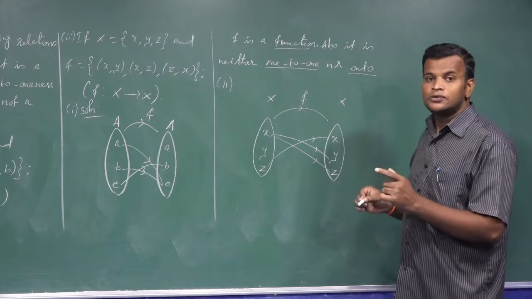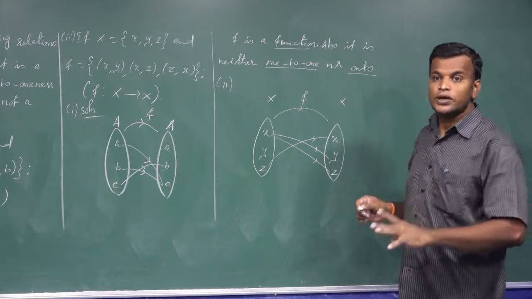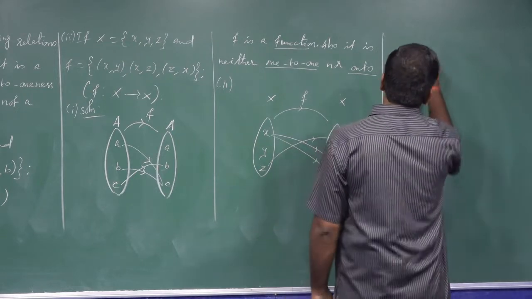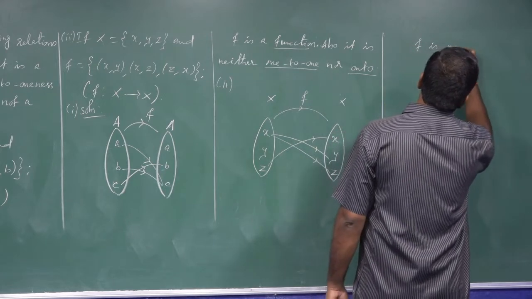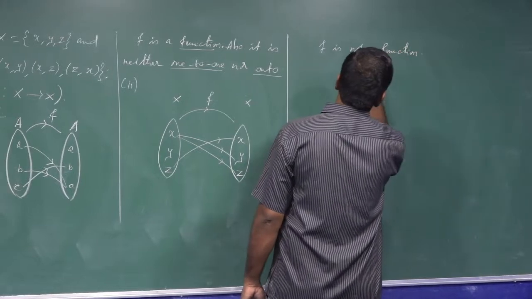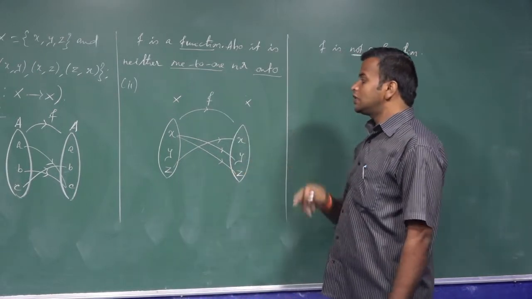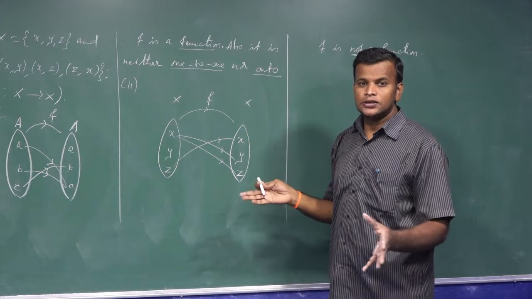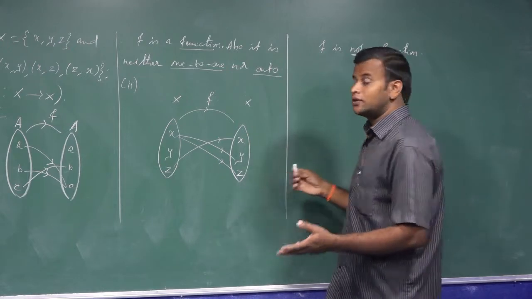We tell the reason also. If it is not a function, state why. So here f is not a function. First, we indicate this function f is not a function. We tell the two reasons.